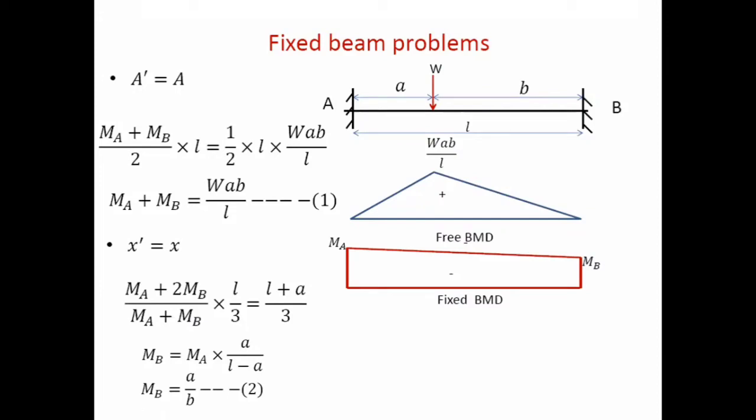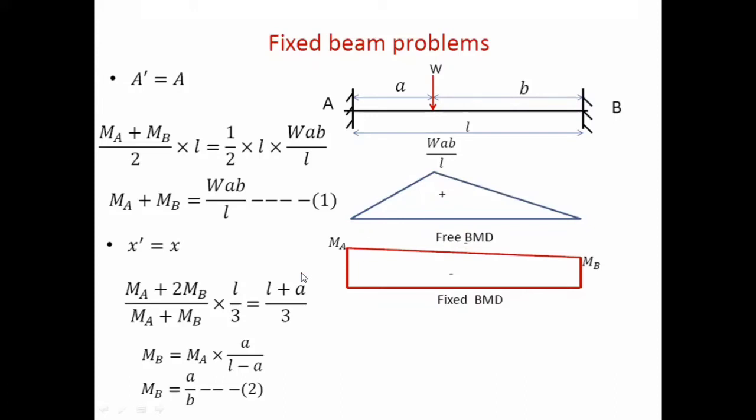It is equal to L plus A upon 3. What is L plus A? It is centroidal distance of free BMD from support A.